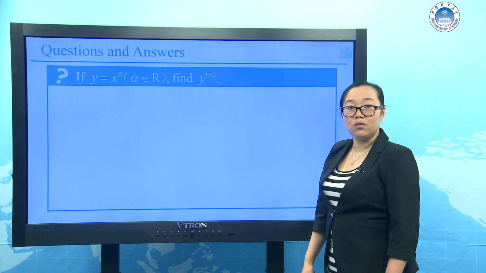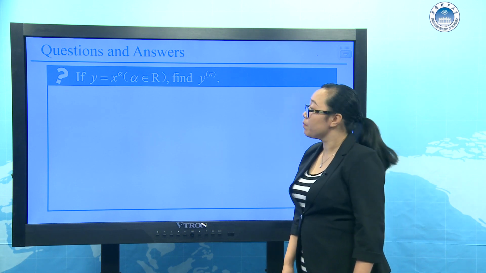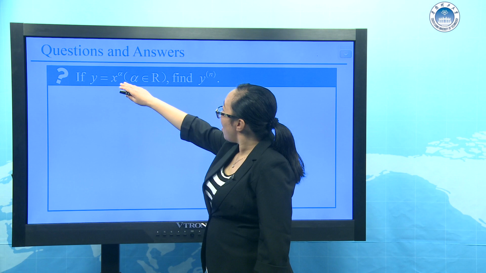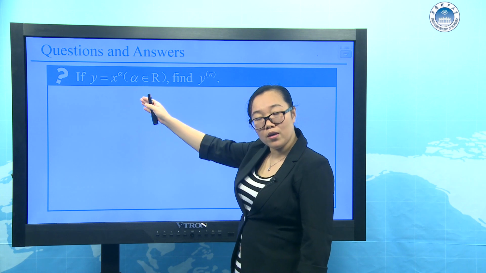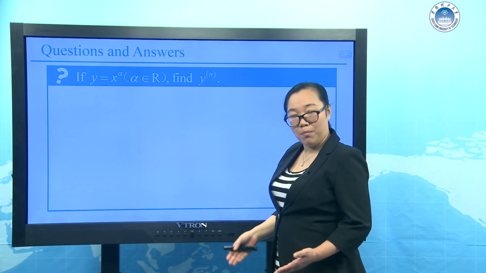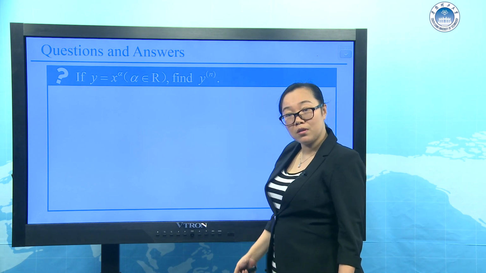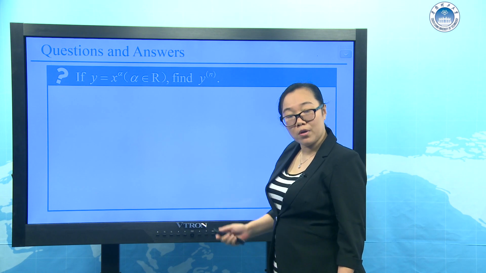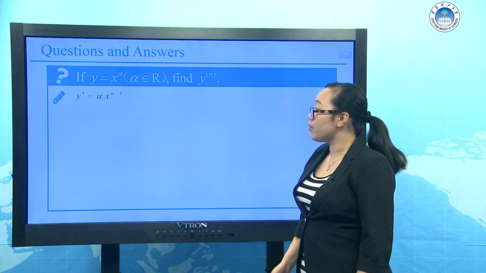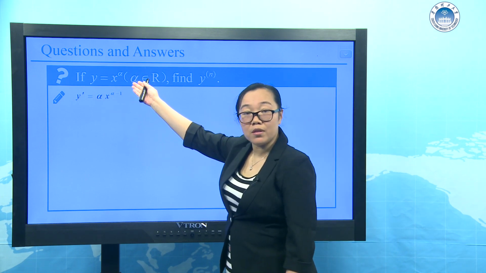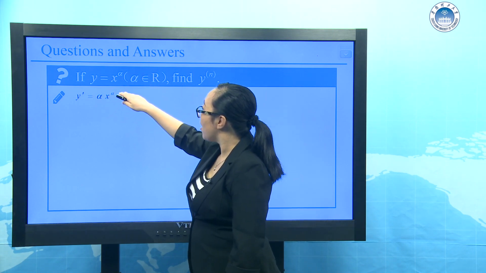So now, according to our formulas, we try to do the following questions. Question 1: if y equals x^alpha, where alpha belongs to the real numbers, a constant, try to find the nth derivative of y. Do you remember something from the above formulas? The first derivative y' equals alpha times x^(alpha minus 1).